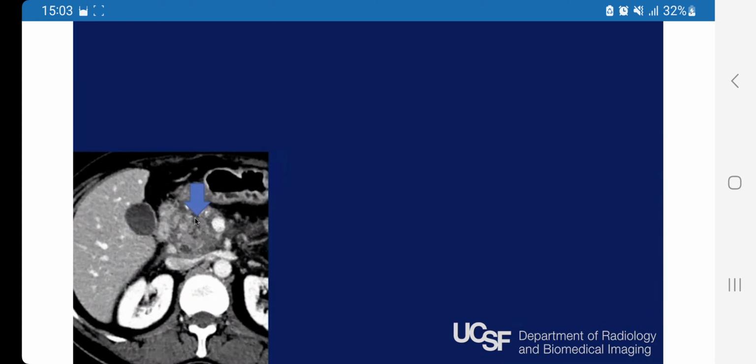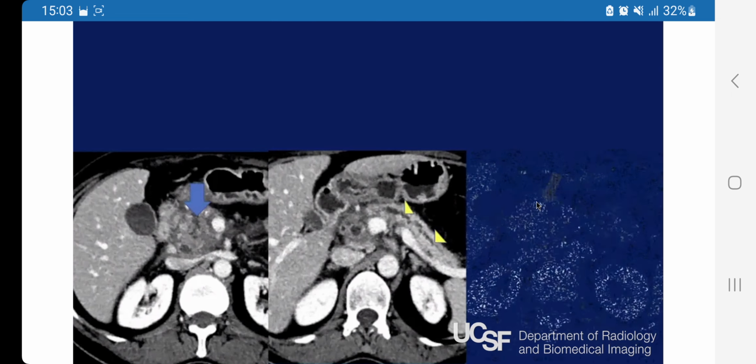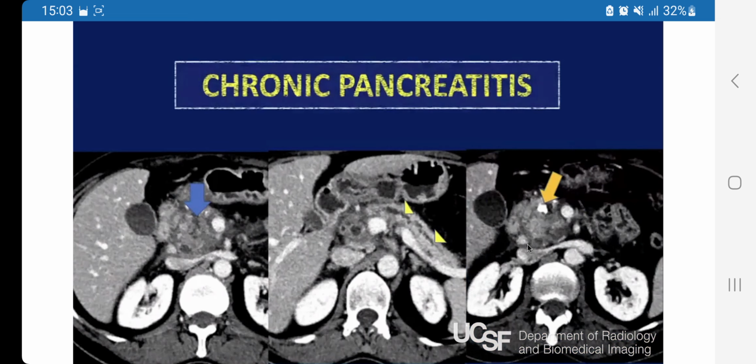This is another example of a mass-like lesion at the pancreatic head. It looks solid and cystic and has areas of calcification. The duct is dilated and irregular, but again, the duct is not terribly dilated. And here we see more calcification. This was a case of chronic pancreatitis, a major mimicker of pancreatic cancer in the population.